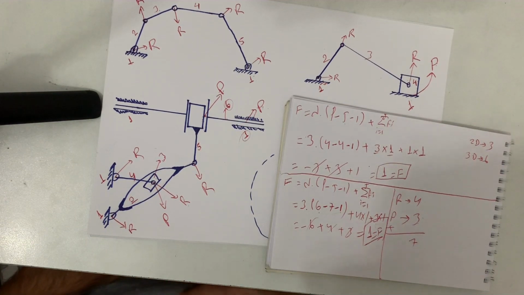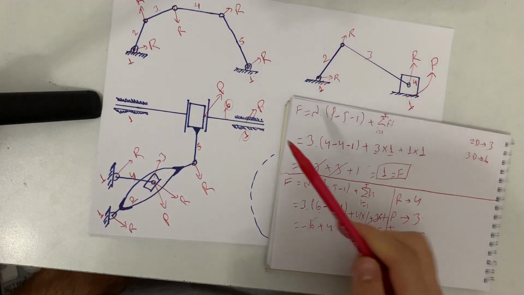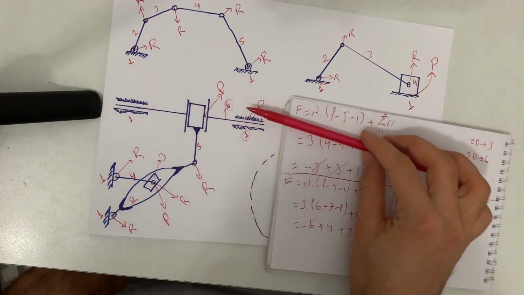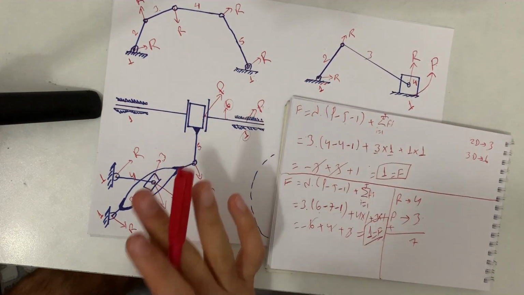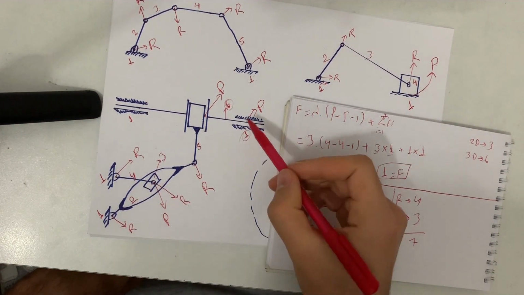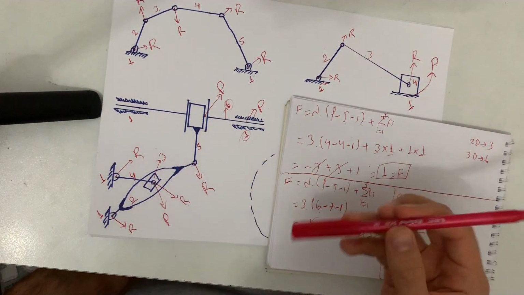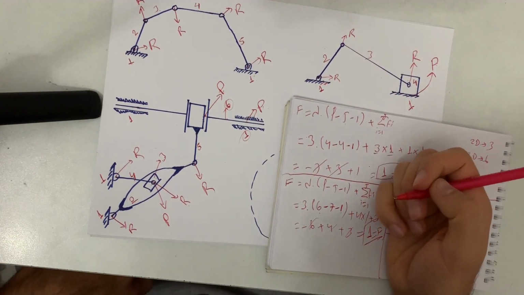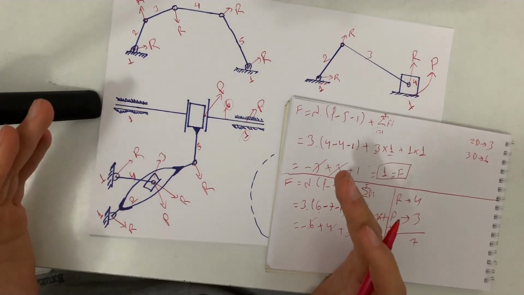So what were the tricky parts of this mechanism? We got 2 different joints at the same point. And also we have another prismatic joint which is sliding in this channel, right? So it's kind of difficult to see this link which is sliding in this channel, but if you solve the examples really a lot, and you get used to seeing the mechanisms, it will help you.